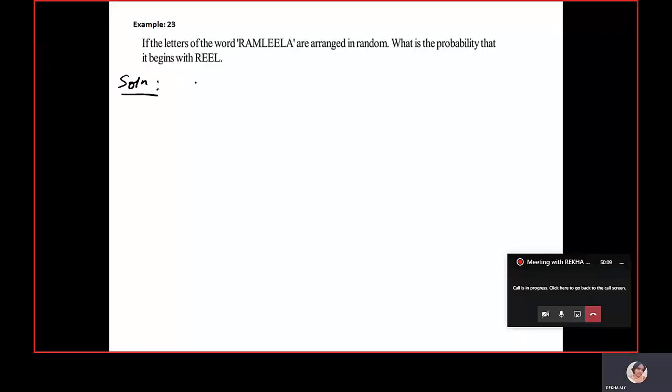That is, there are two A's repeated, and two L's, and two E's, and total letters 1, 2, 3, 4, 5, 6, 7, 8. So total you have 8.